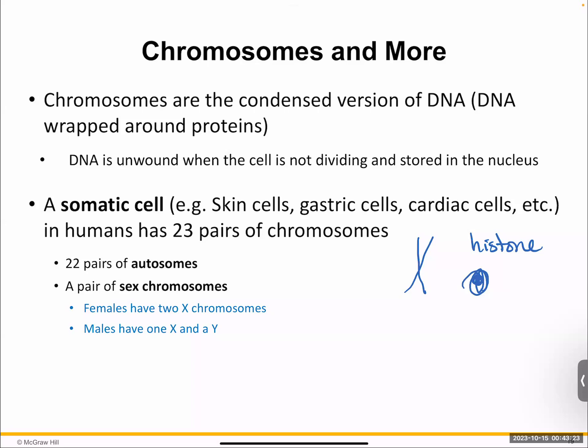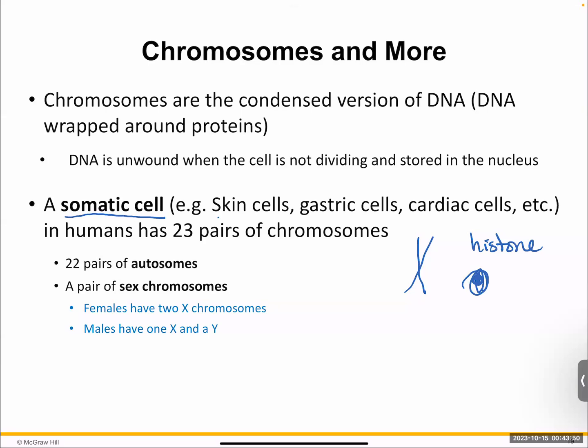Now, if we look at the cells in our body, we actually have two types of cells. Most of our cells are considered somatic cells, which are cells that form every part of our body with the exception of our sex cells, which, if you're a female, would be your oocyte or your egg, and in a male would be the sperm.